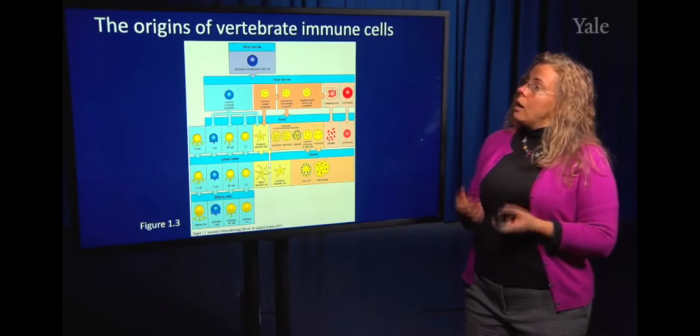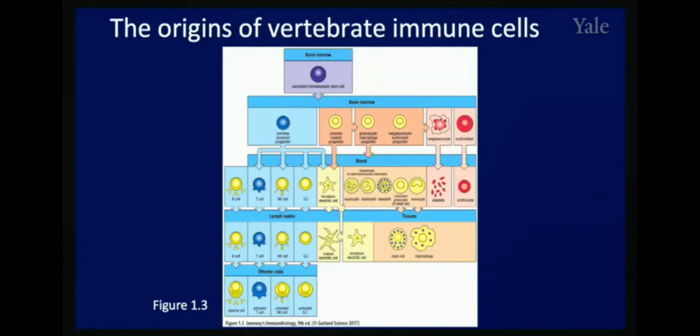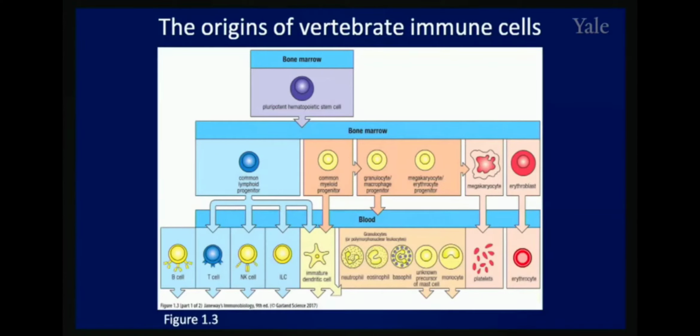So, most of the immune response is based on your immune cells. They all start off as a stem cell in the bone marrow, and the main division occurs between lymphoid cells and myeloid cells. You also have your red blood cells here. They come from the same precursor, but they're not part of your immune response.